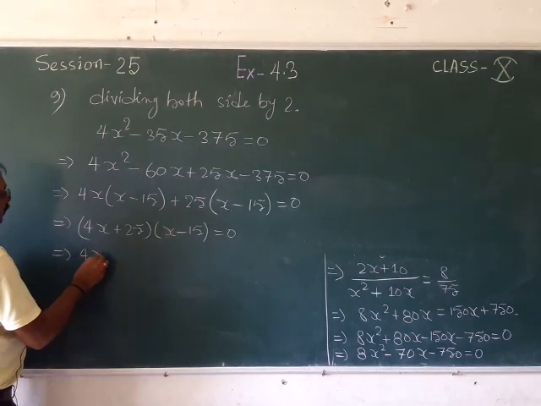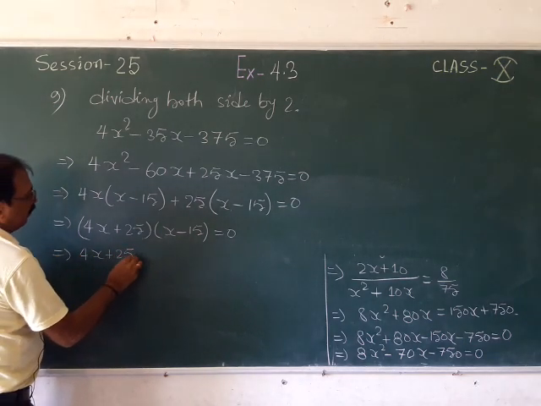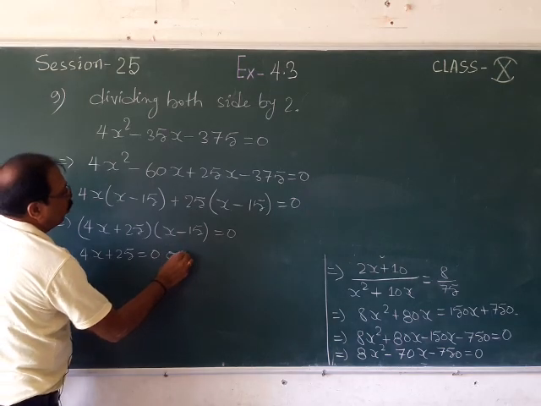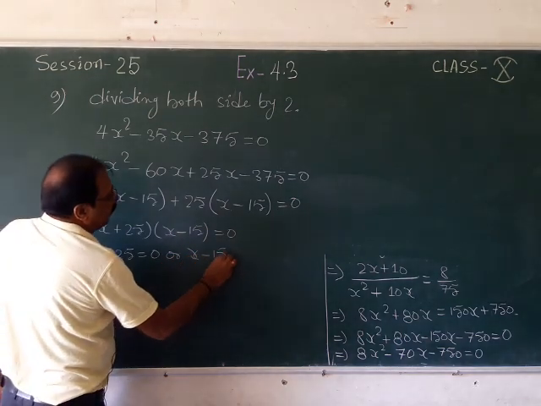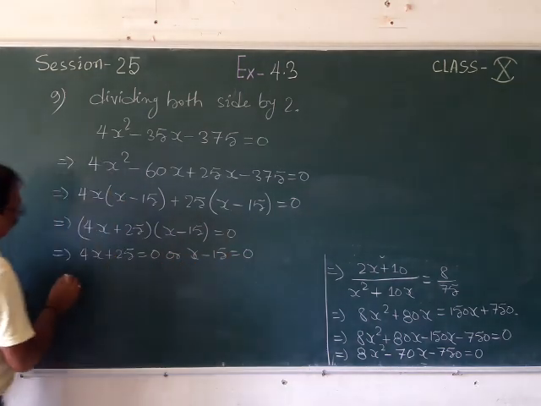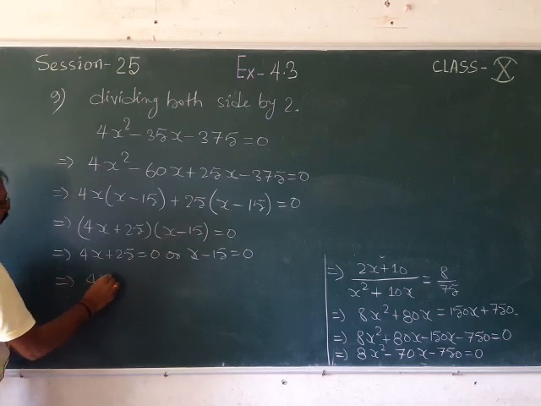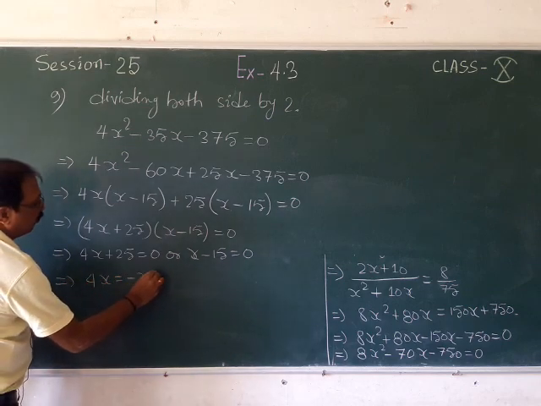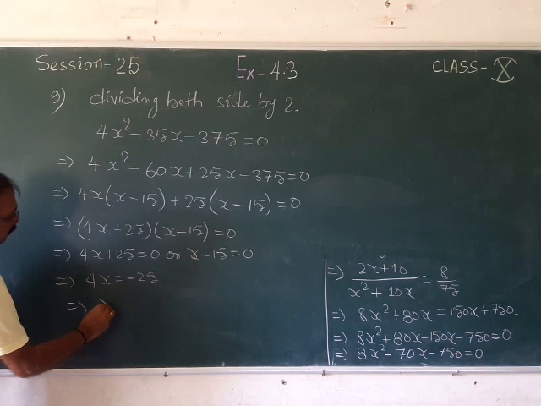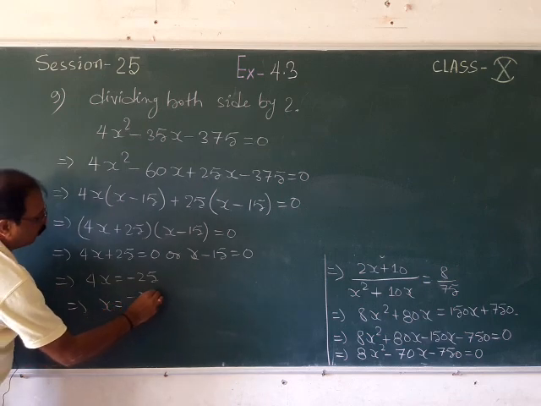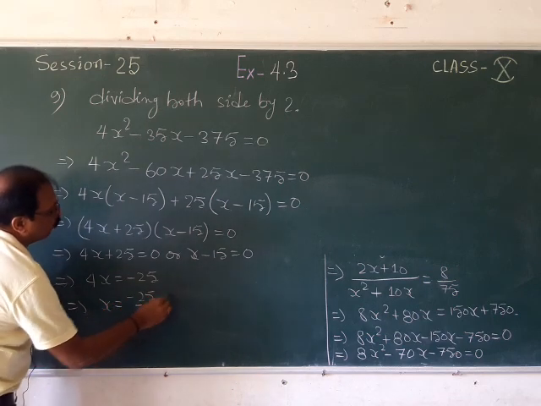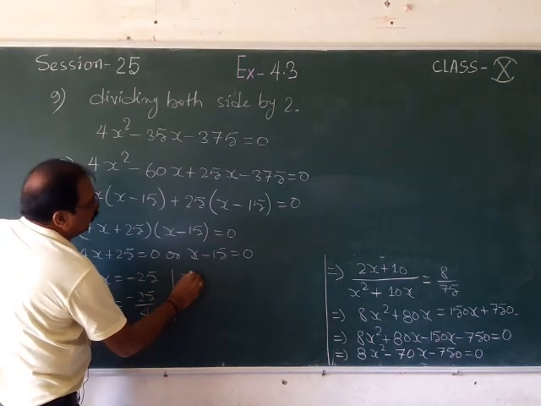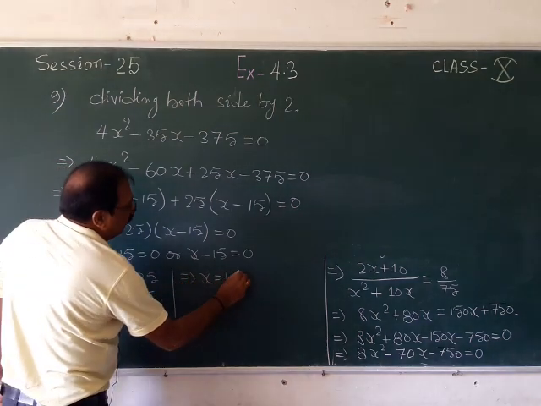So this is the factor. Further it can be written as 4x plus 25 is equal to 0, or x minus 15 is equal to 0. Further you can write 4x equal to minus 25, that means x is equal to minus 25 upon 4, and this side you can write x equal to 15.